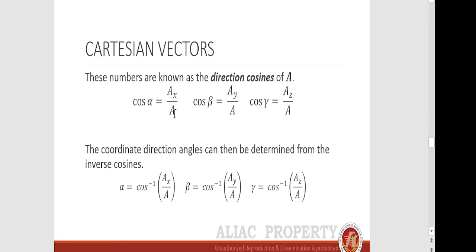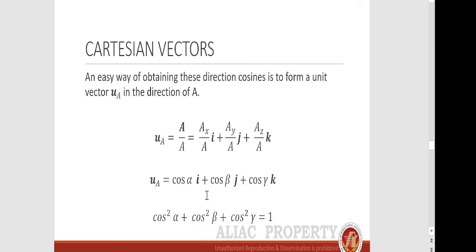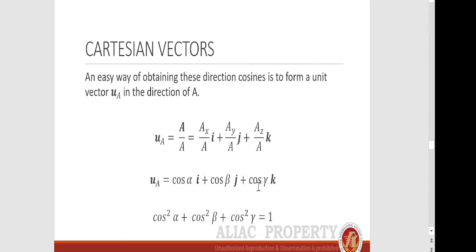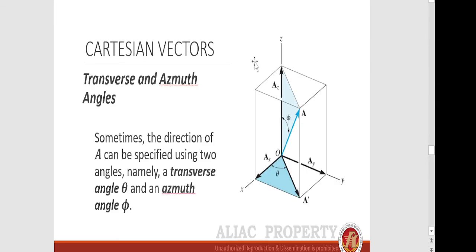Here AX is equals to A cos alpha, A cos beta, that is AY, A cos gamma, that is equals to AZ. So that is why we replace. So we get back this Cartesian vector again.